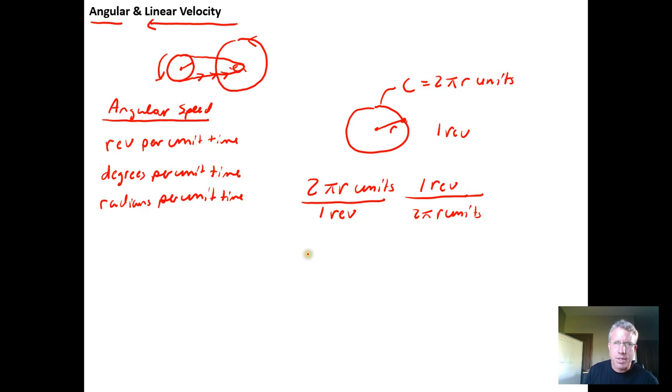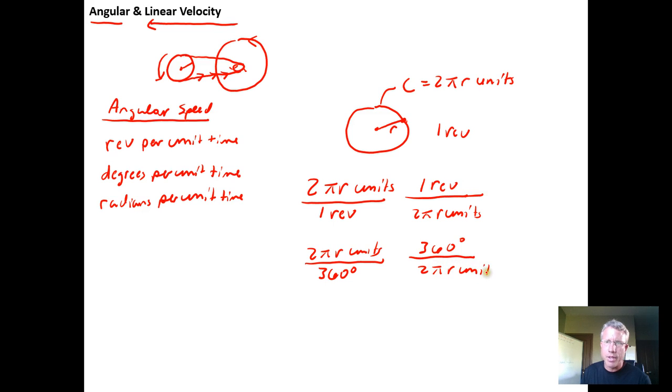And we could just as easily do 2 pi r units per, if we're doing 1 revolution, that's the same as if we're doing 360 degrees. So we could say every 360 degrees we do 2 pi r linear units, or the circumference of the circle. And we could do it in radians.